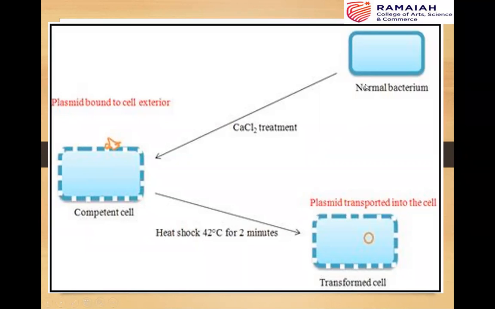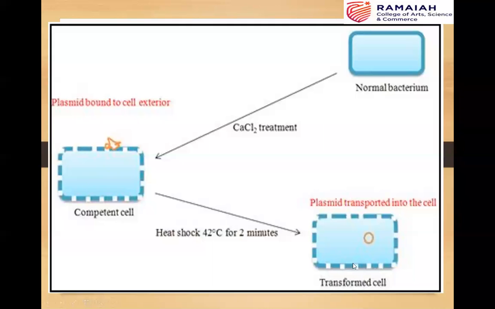When you treat the bacterial cells with calcium chloride, the cell wall becomes porous, wherein your external DNA comes and binds to it, and then in the later stage, heat shock treatment is given to the cells. The heat shock at 42 degrees centigrade for about 2 minutes pushes the DNA inside the cell.